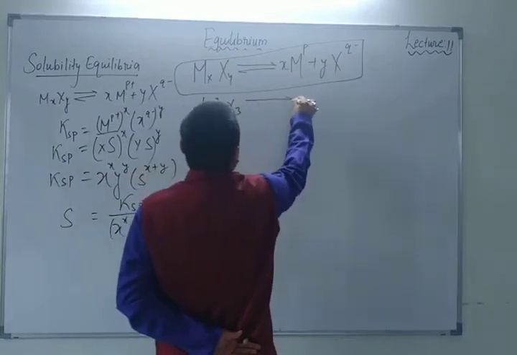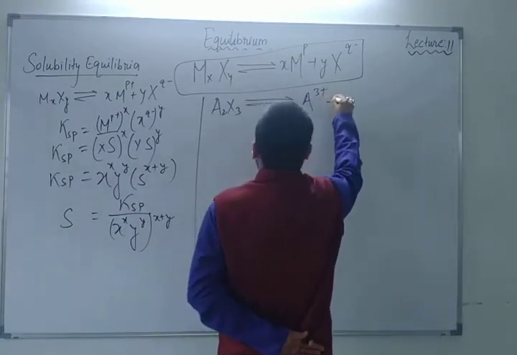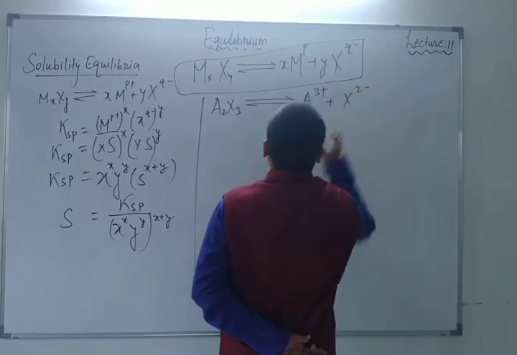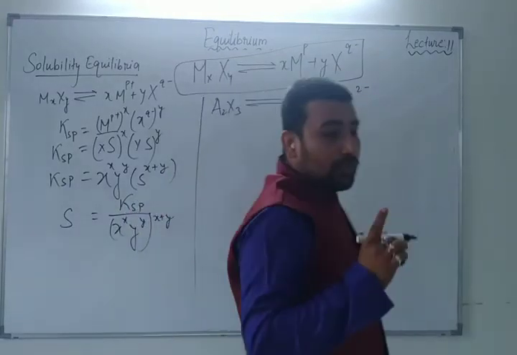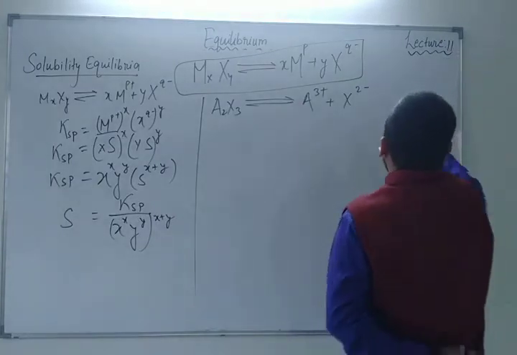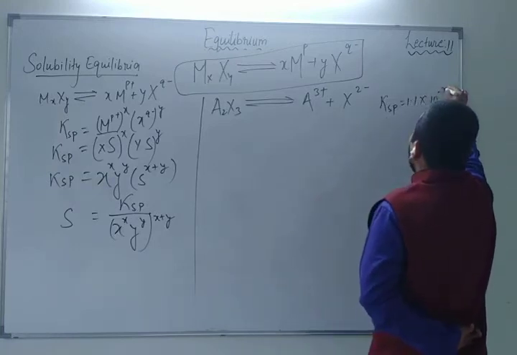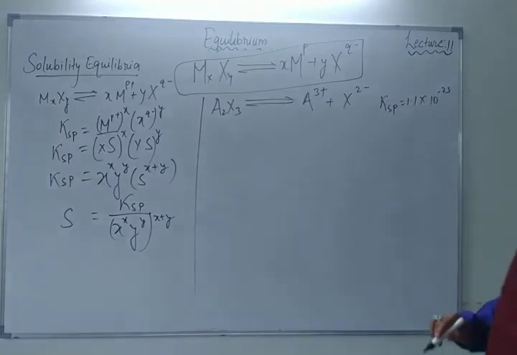So can you tell me how it will be dissociated? A to the power 3 plus and X to the power 2 minus, right? And here the value of KSP is given, right? The value of KSP is 1.1 into 10 to the power minus 23. So dear student, can you tell me what will be the value of S here?